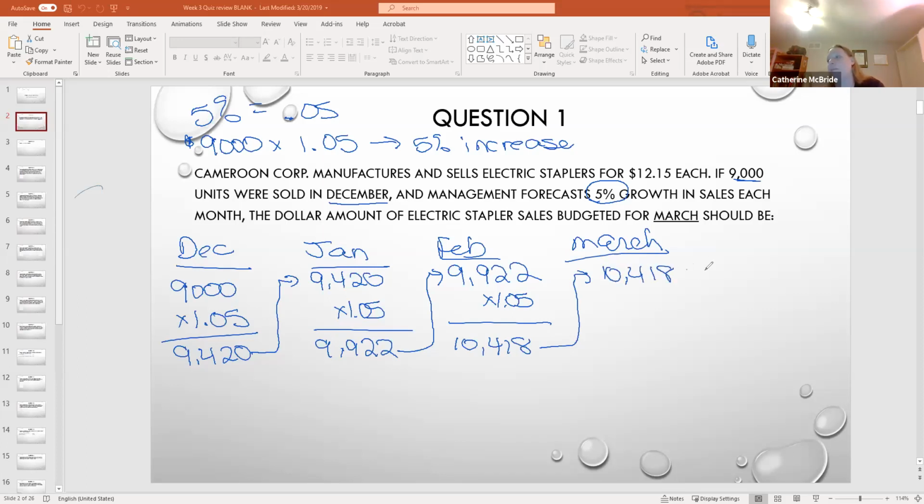But we're not done, because it doesn't ask for the number of units, it asks for the dollar amount. So the last thing we have to do is take our 10,418 units times the selling price, which is $12.15 equals, I have 1265, but I want to make sure I'm not missing it.